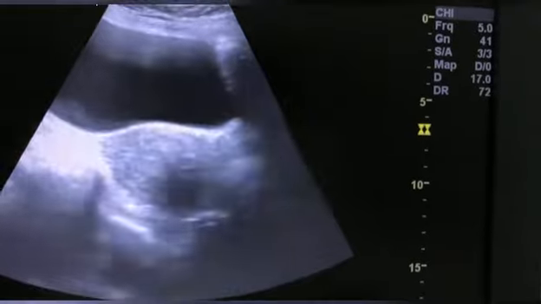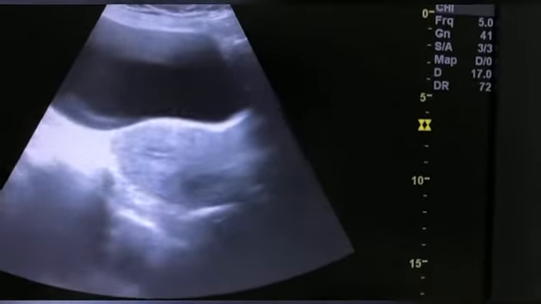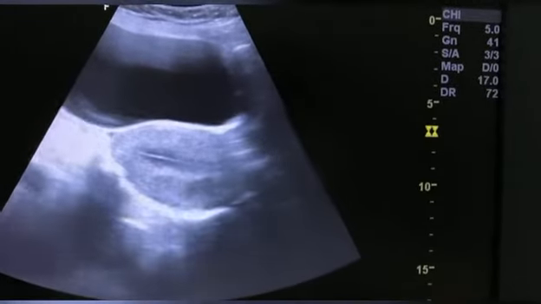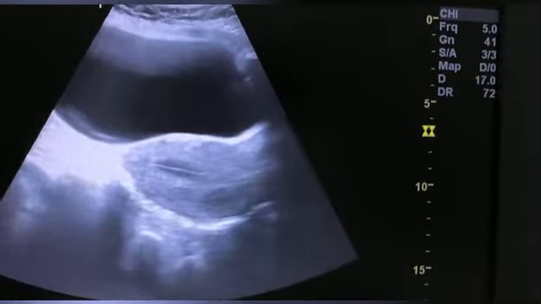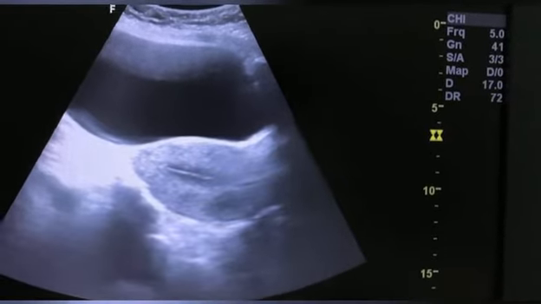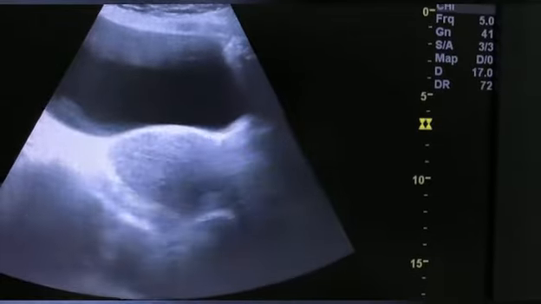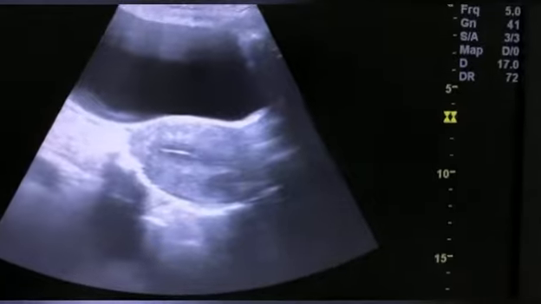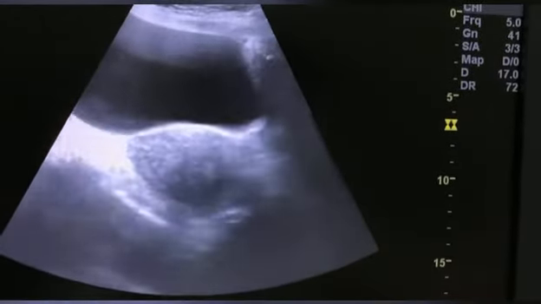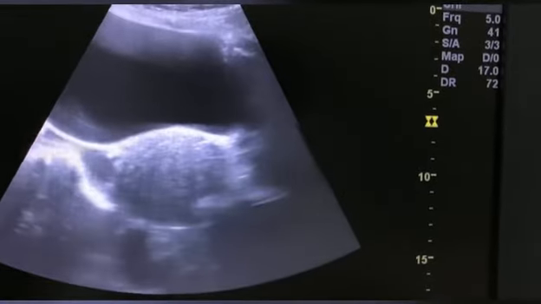So if you fill the bladder too much, then you will not be able to visualize the uterus in proper view, because the uterus may descend inferiorly a little bit, and the patient will also feel discomfort and will not allow you to scan with adequate time.